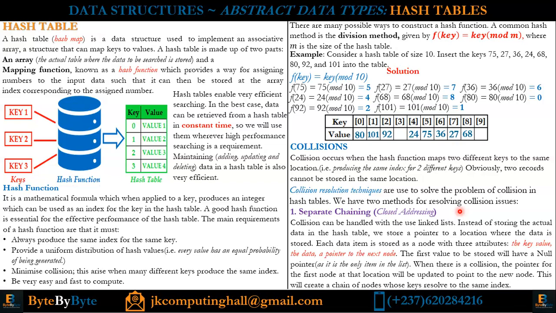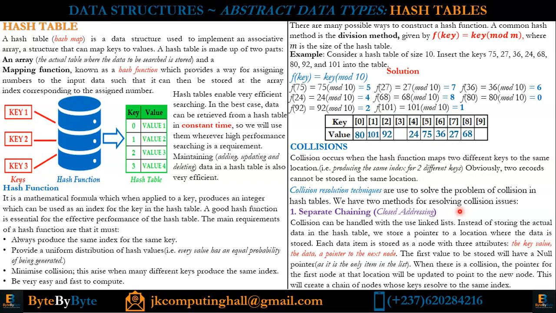Instead of storing the actual data in the hash table, we store a pointer to a location where the data is stored. Each data item is stored as a node with three attributes: the key value, the data, and a pointer to the next node. Remember that when we were talking about linked list, we saw that each node contains just the data it has to store and the pointer to the next node.